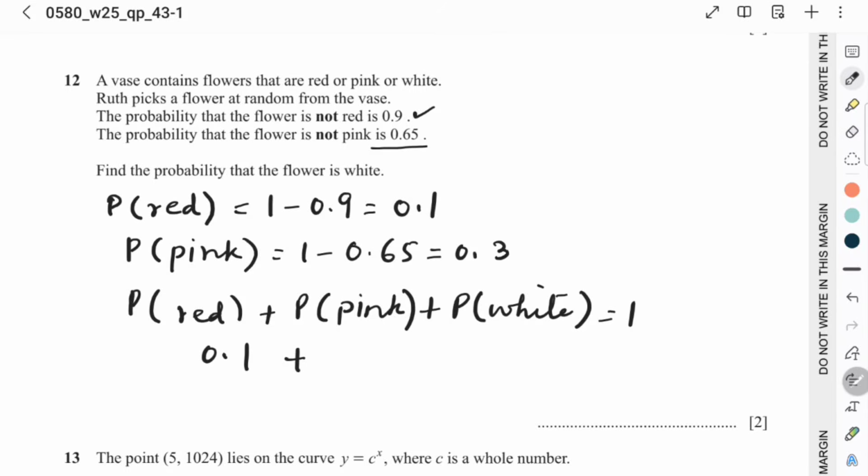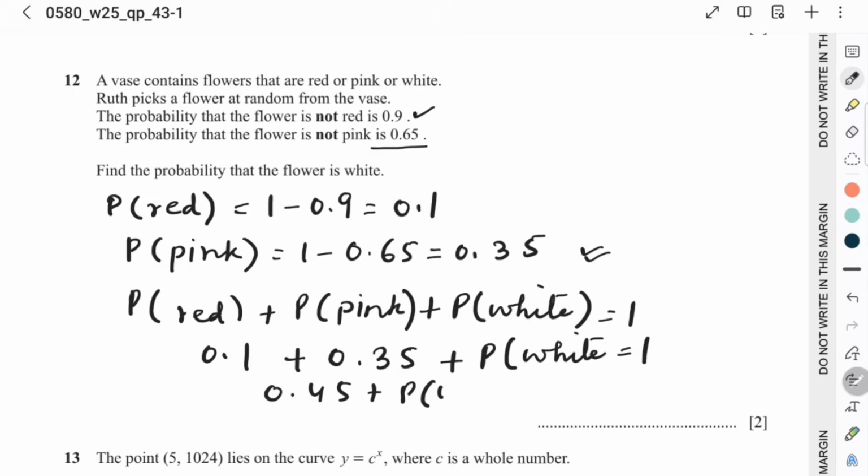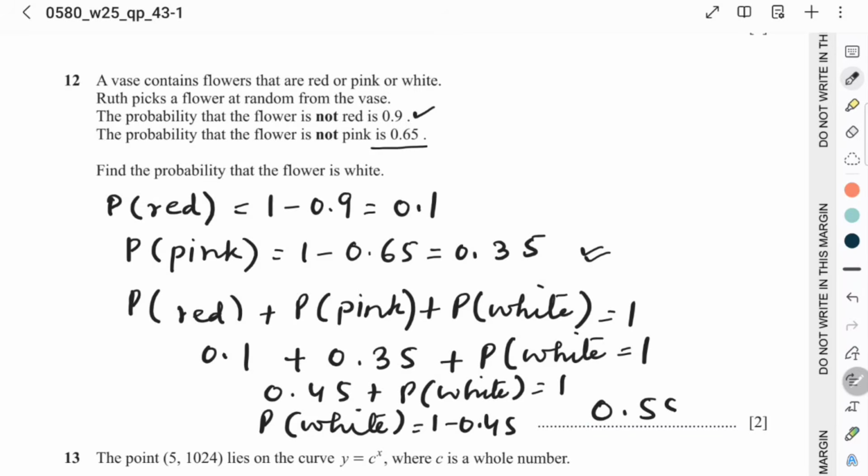Sorry, let me make a correction: 0.1 plus 0.35 is 0.45, plus the probability of white is equal to 1. So the probability of white is equal to 1 minus 0.45, which is equal to 0.55.